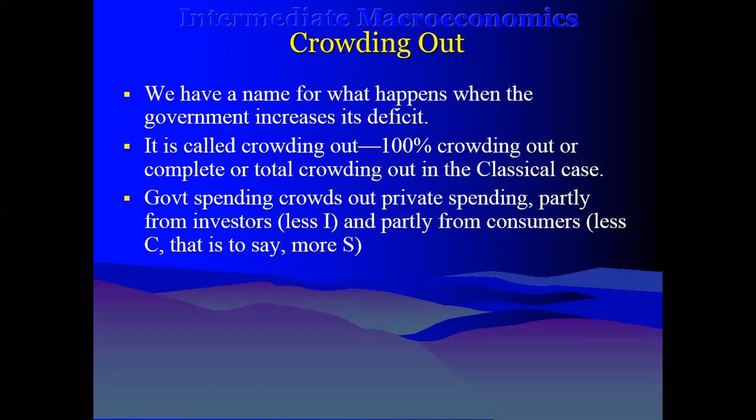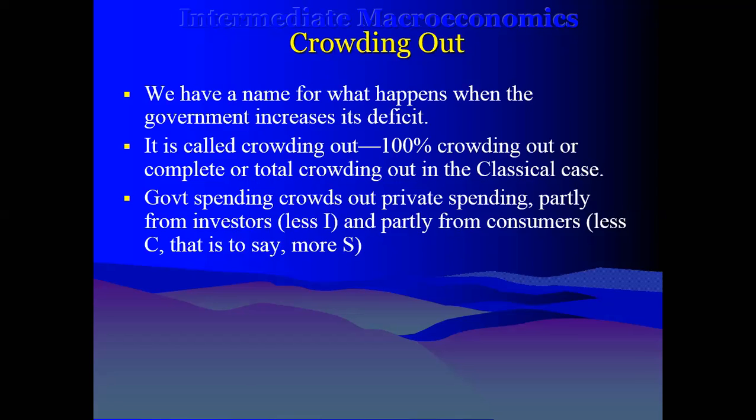When we have 100% crowding out, then it means that the initial change in government expenditure will be the same as the changes in investment and consumption. For this model, there's 100% crowding out. That's what we just used the curves for.